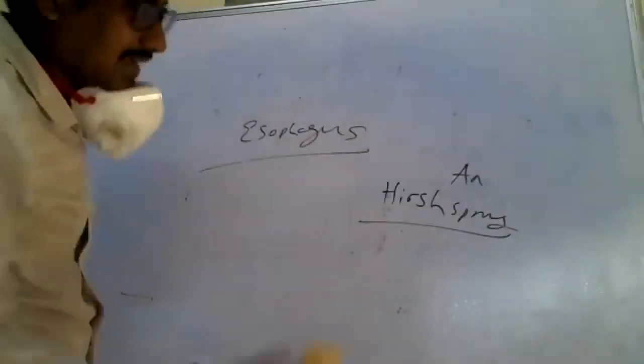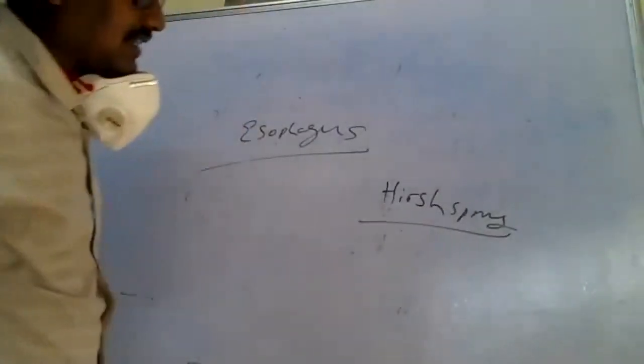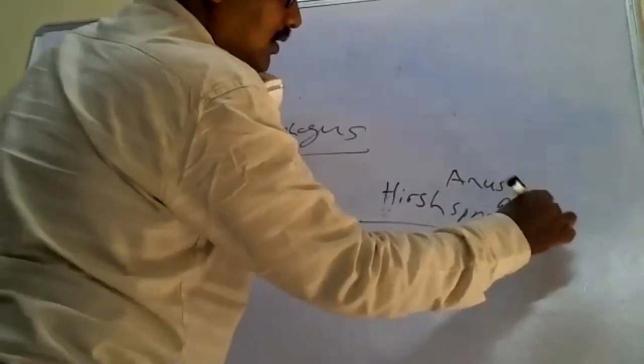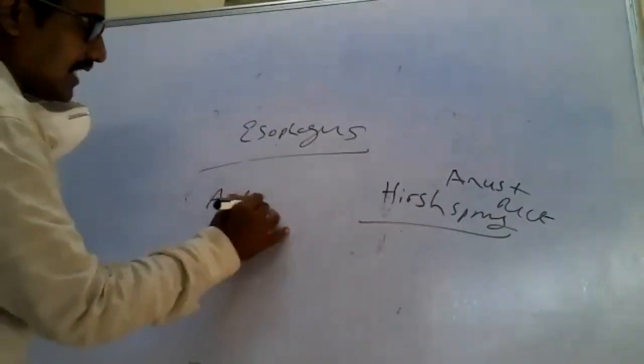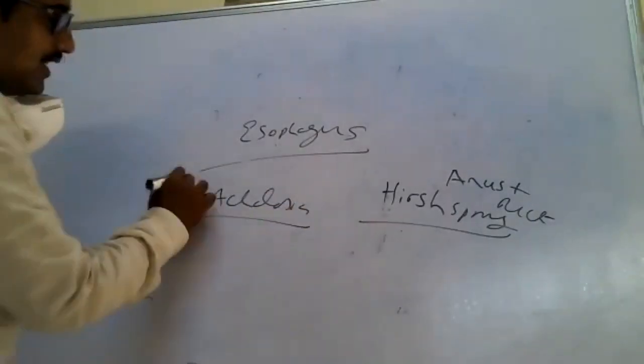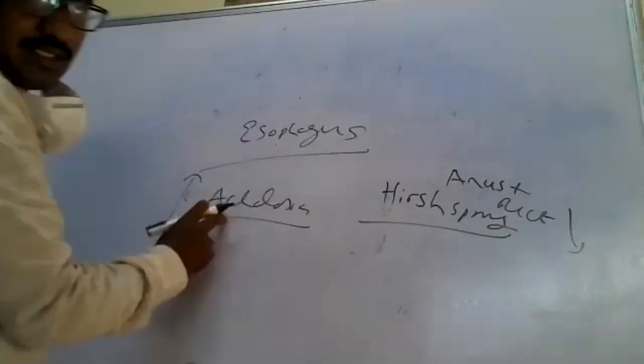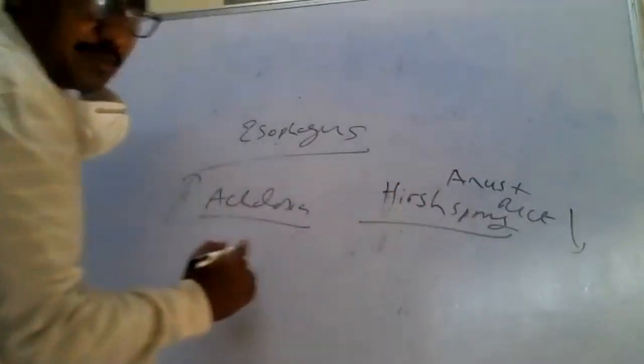It is present at the anorectal junction, in the rectum. So this is achalasia cardia at the upper end, and this is at the lower end. What is the difference between these two, achalasia cardia and Hirschsprung disease?